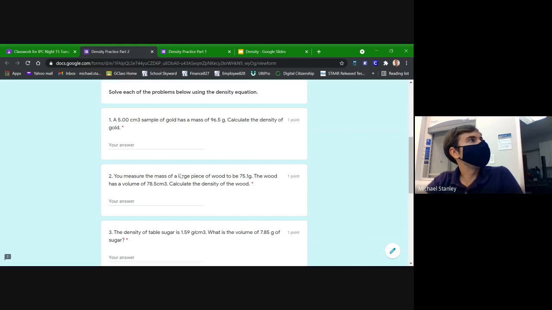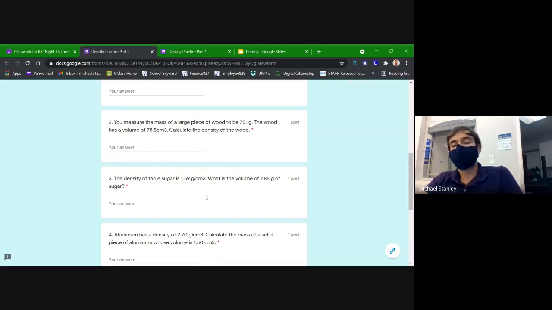Similar thing with number 2, it gives you a mass of wood and a volume of wood, and asks you to calculate the density. Number 3 mixes it up again a little bit. We have a density of sugar and it wants to know the volume, so it's asking what is the volume of 7.85 grams, which is a measurement of mass, right?